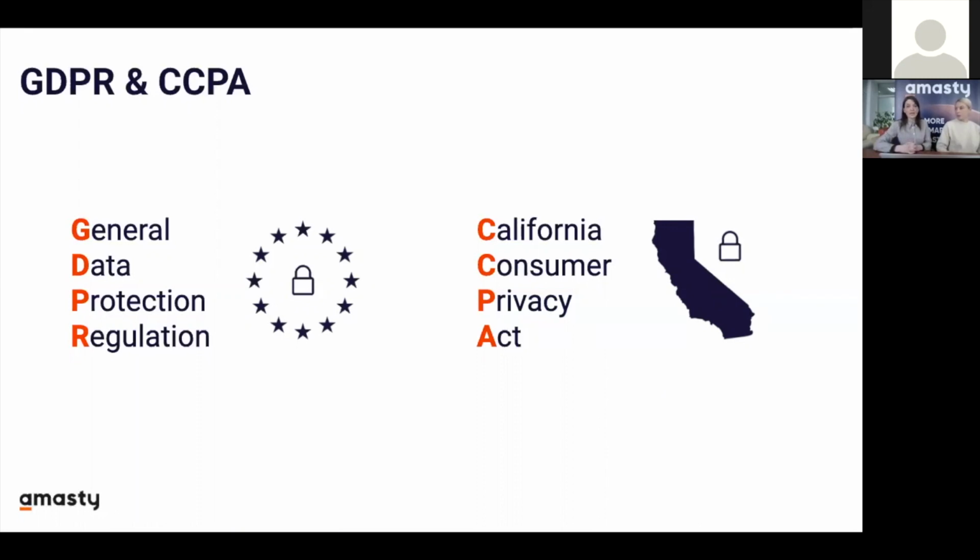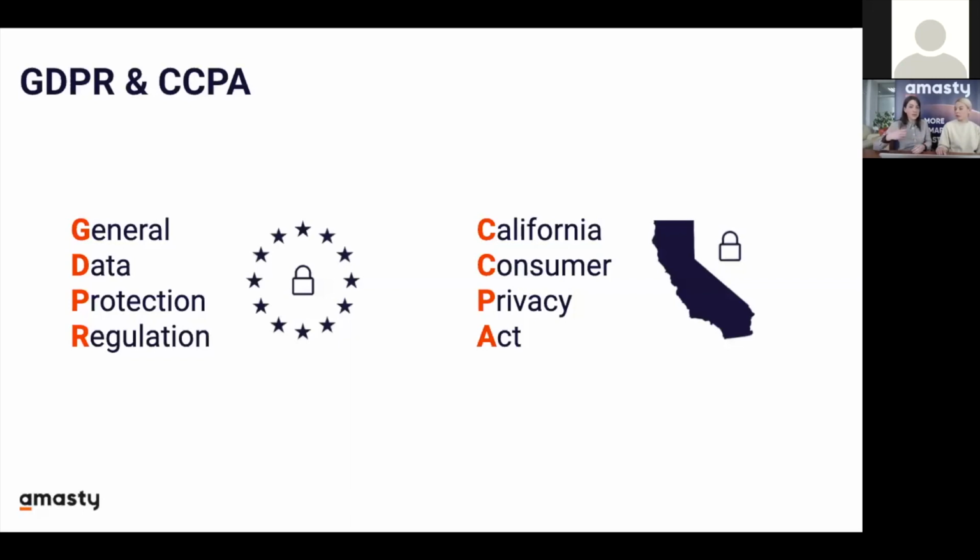Although the GDPR and CCPA have many things in common, these are two different regulations. For example, the GDPR is considered to be the stricter one. Companies need to get a clear and active consent from data subjects before they collect any information, and they need to provide opt-in options for their customers.